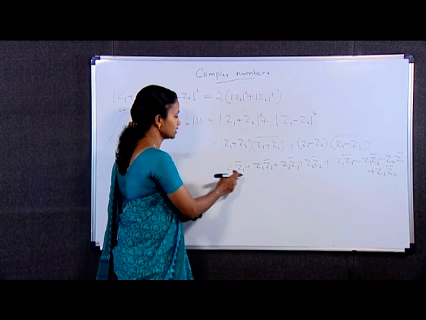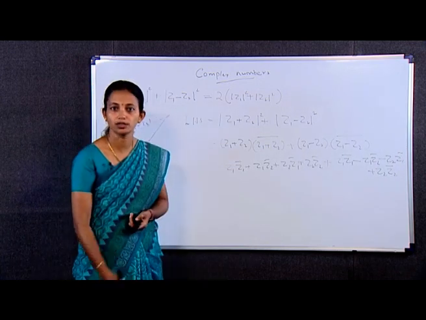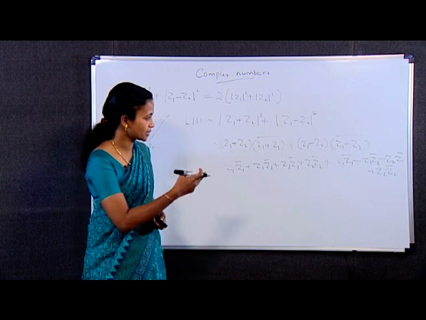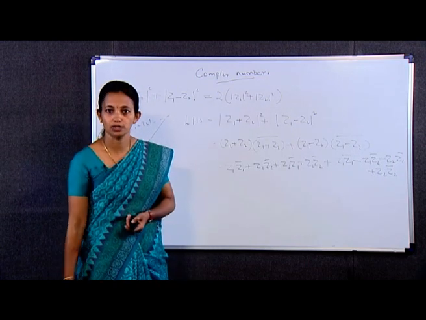Z1 Z1 conjugate we can write as mod Z1 square, and Z2 Z2 conjugate we can write as mod Z2 square.